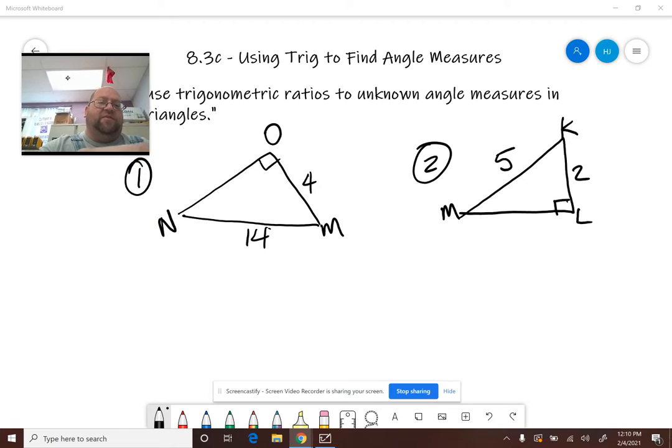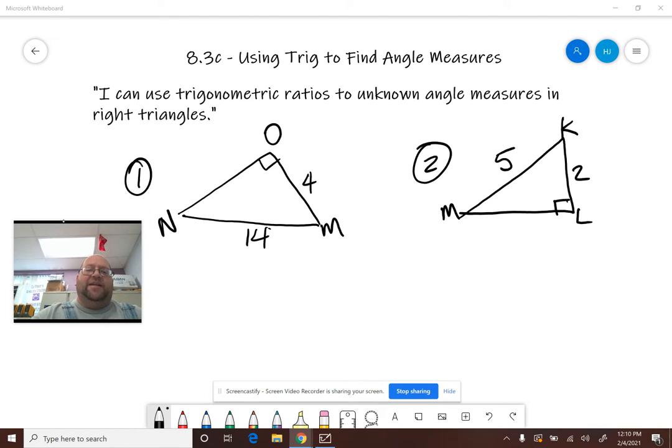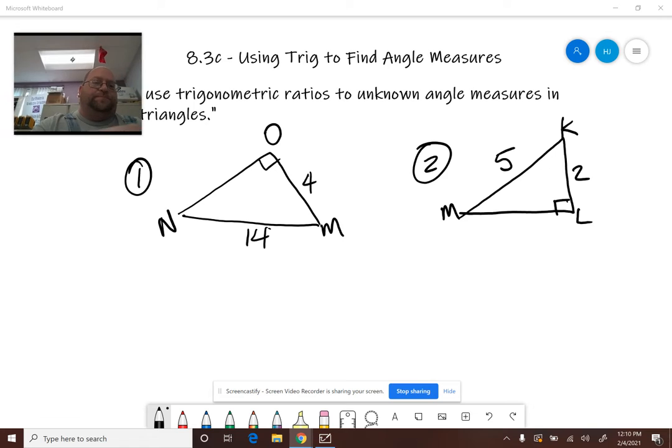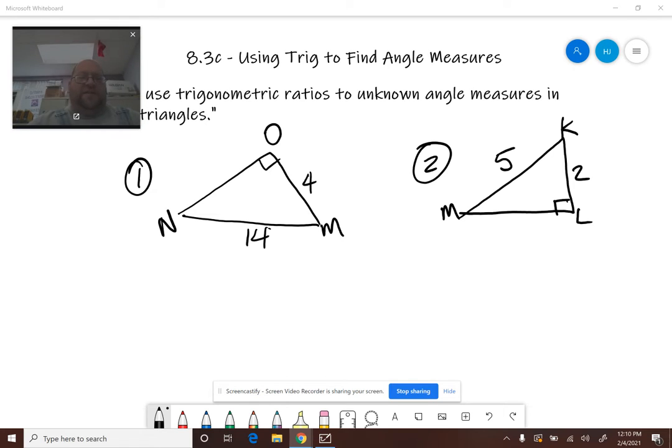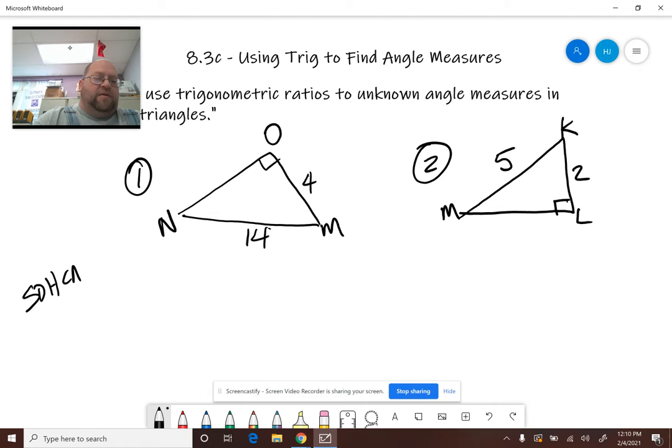I can use trigonometric ratios to find unknown angle measures in right triangles. We've got a few examples here, but first I want to remind you of SOHCAHTOA.